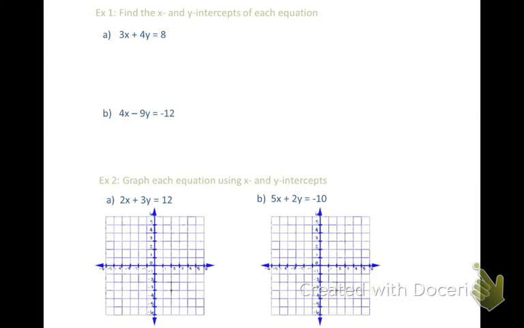So, step 1, we are going to find the x-intercept. Of that, we are going to put 0 in for y.